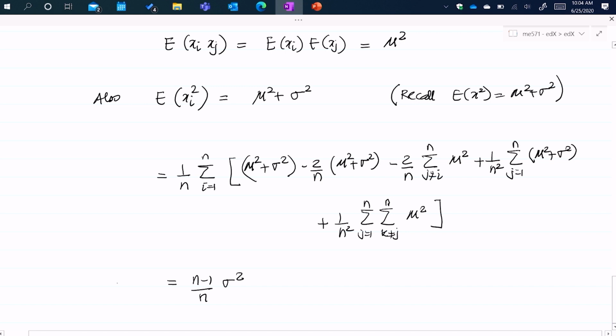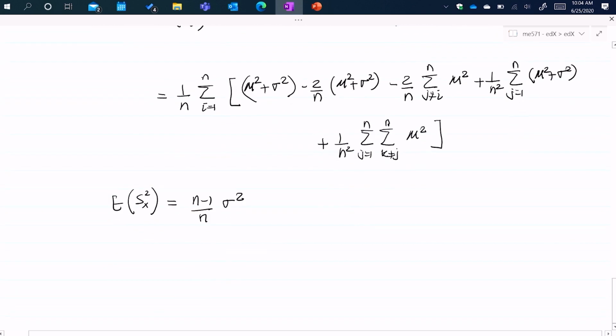The mu drops out, and you get that the expected value of S sub x squared is n minus 1 over n times sigma squared.